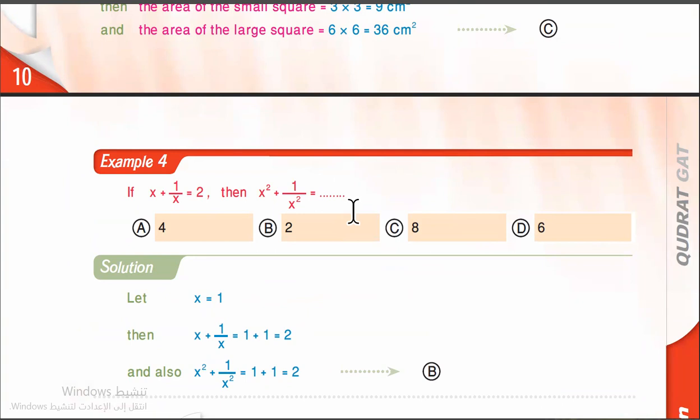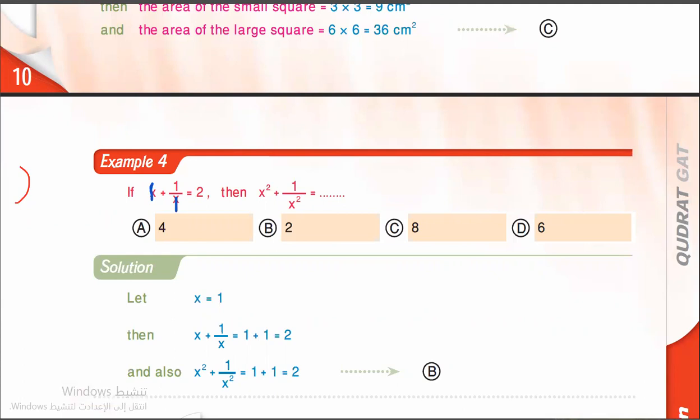I suppose, so how do I get x plus 1 over x here? What is the value of x? Oh, the value is 1, and here 1.